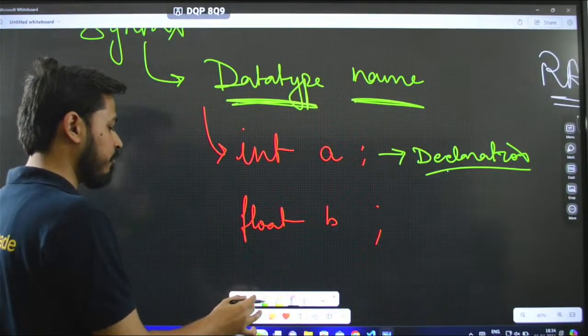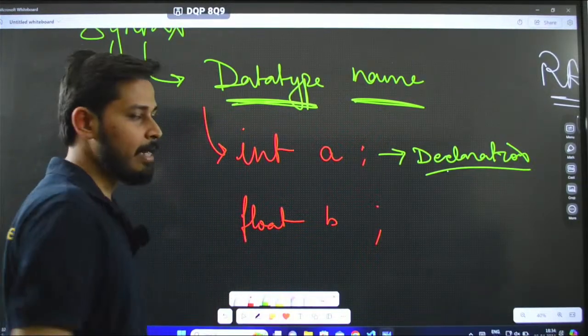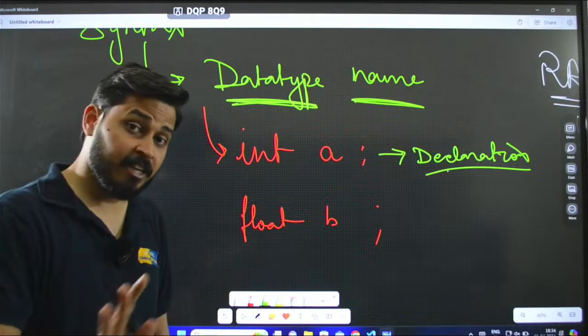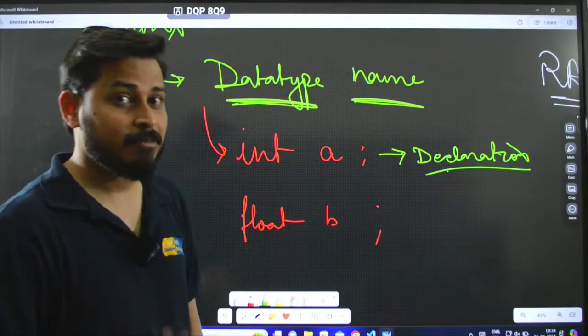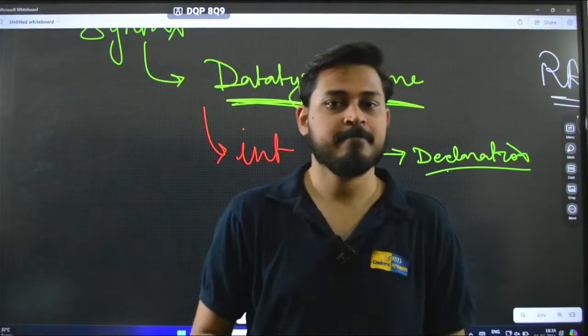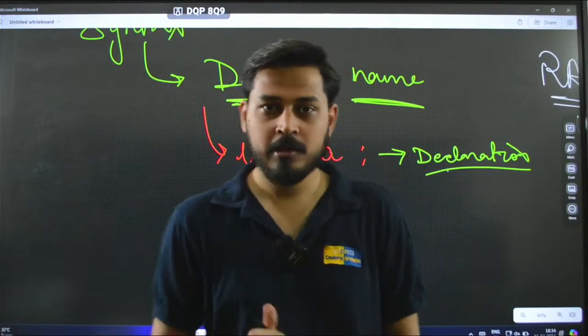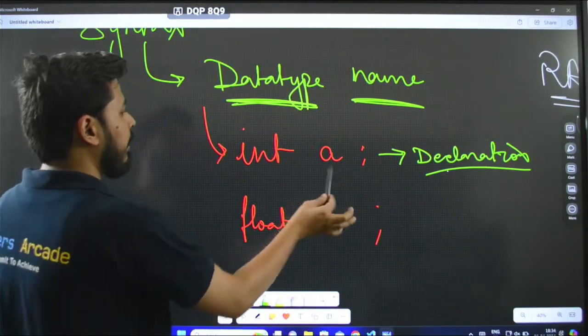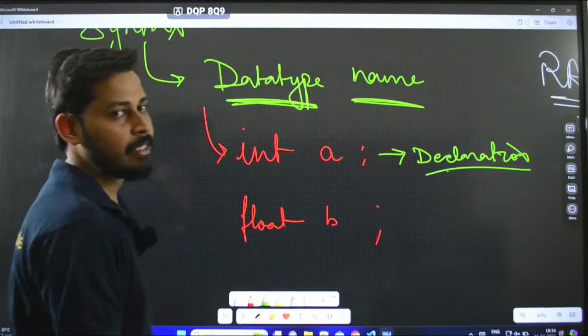That means you have declared a variable, but you have not given any value inside it. So the variable is empty right now, but it can only hold an integer type of value. That is it. You got my point? Right now it is just declared, so it is called variable declaration.